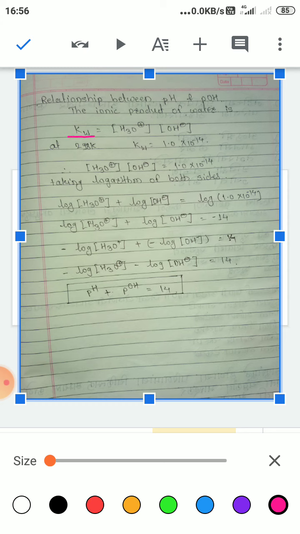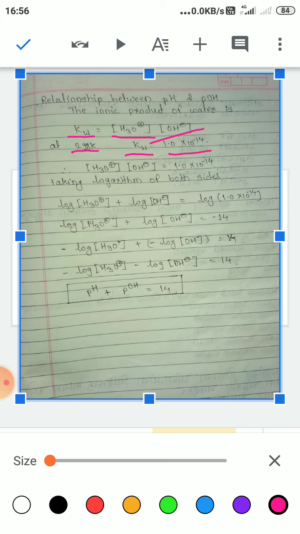Kw is the ionic product of water, the concentration of hydronium ion into the concentration of OH- ion, and at 25 degree Celsius or 298 Kelvin, Kw is equal to 1.0 into 10 to power minus 14.